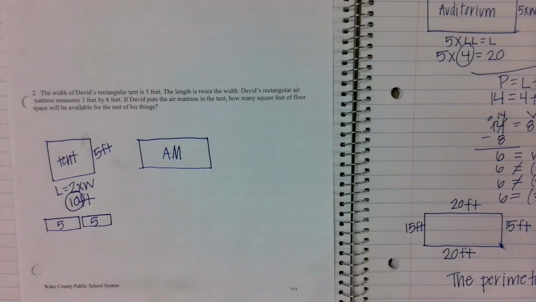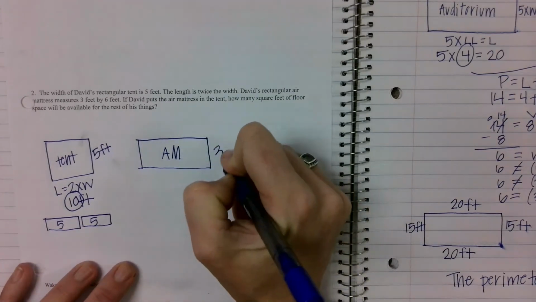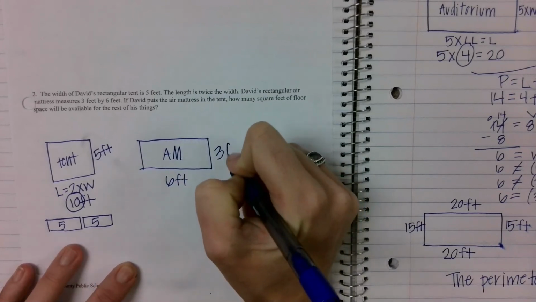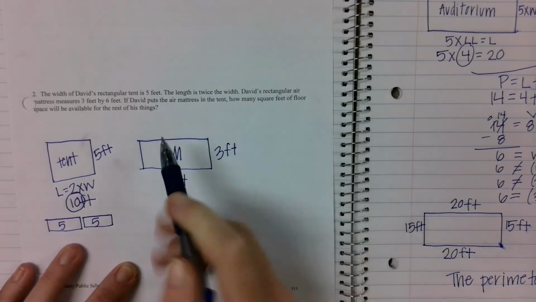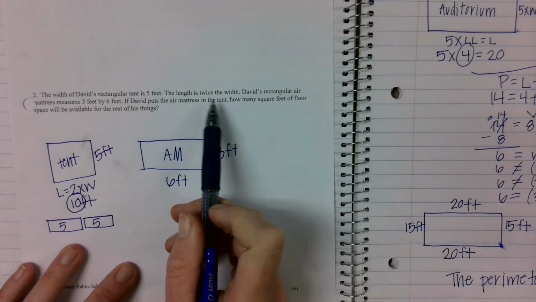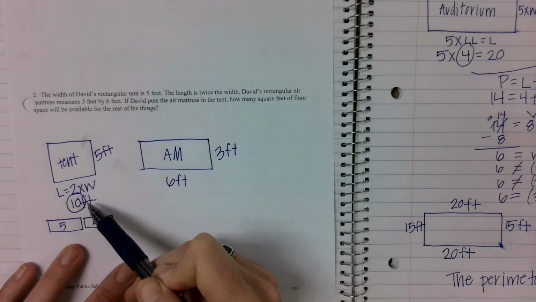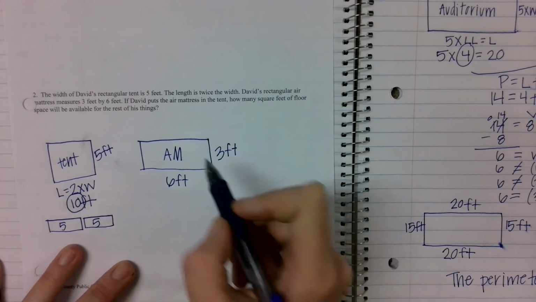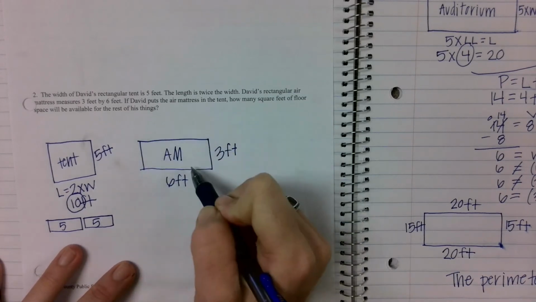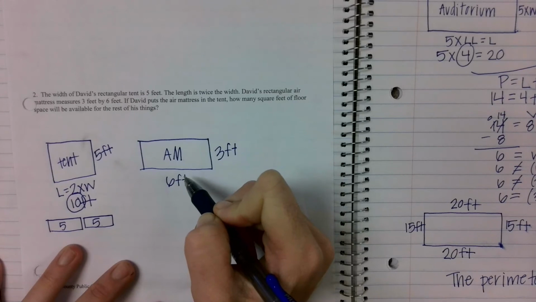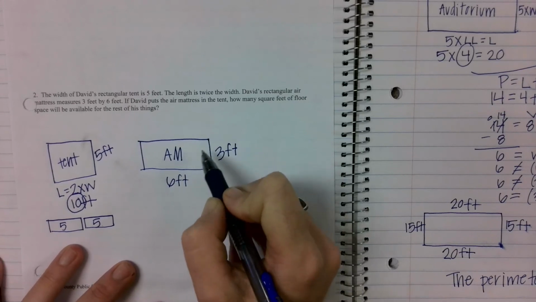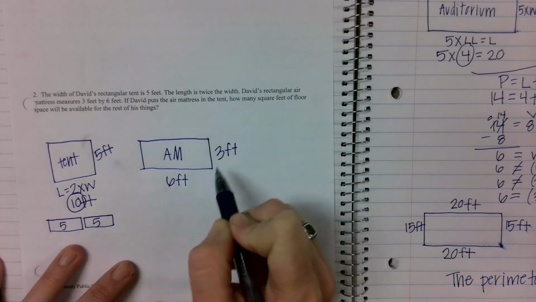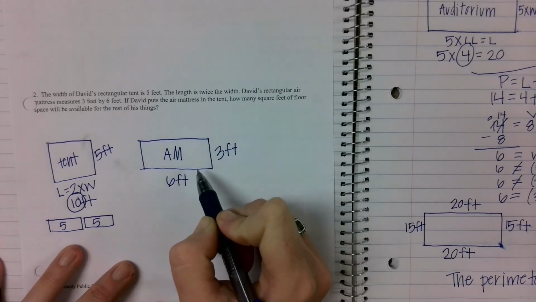David's rectangular air mattress is 3 feet by 6 feet. If David puts the air mattress in the tent, how many square feet of the floor will be available? So I first need to find the area of my air mattress, because the area is the floor part. That's the carpet, the grass, the tile, okay?